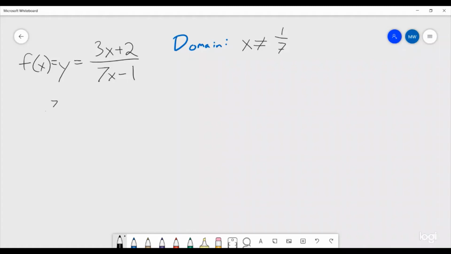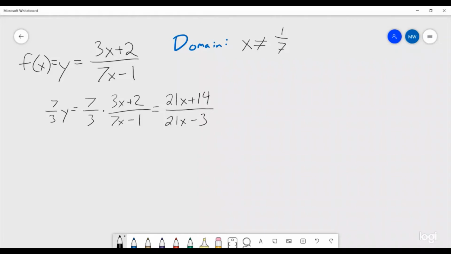So we are going to get 7/3 y is equal to 7 over 3 times (3x plus 2) over (7x minus 1). And so that is going to give us (21x plus 14) over (21x minus 3).